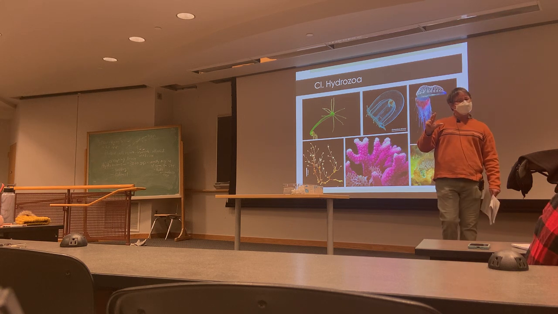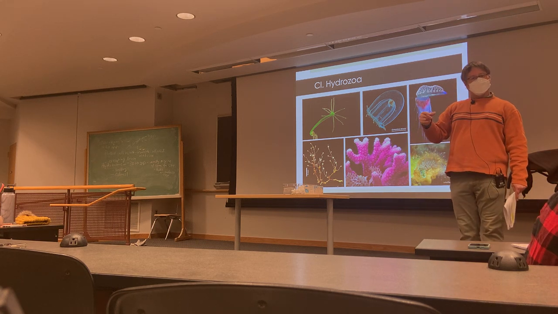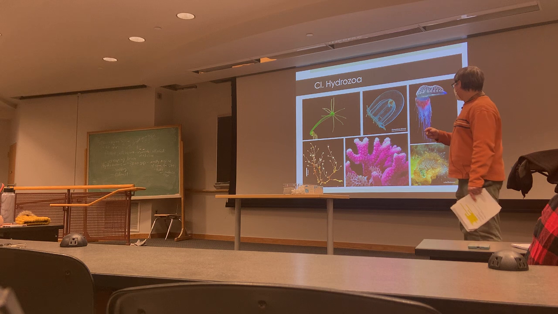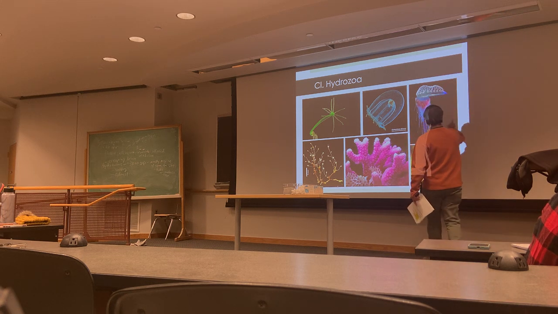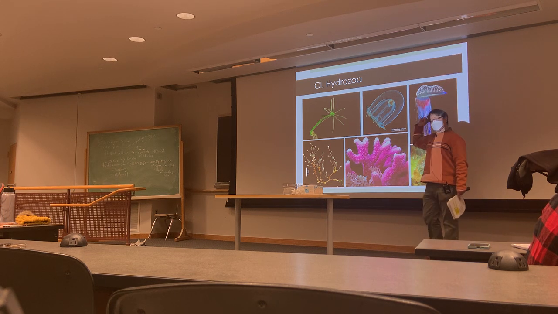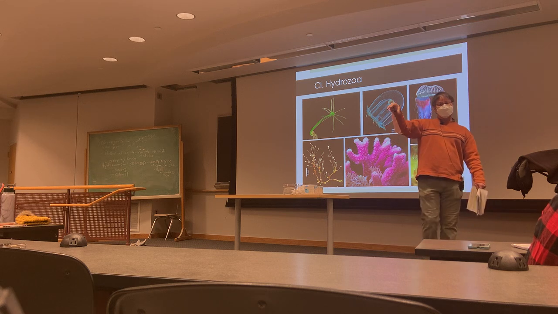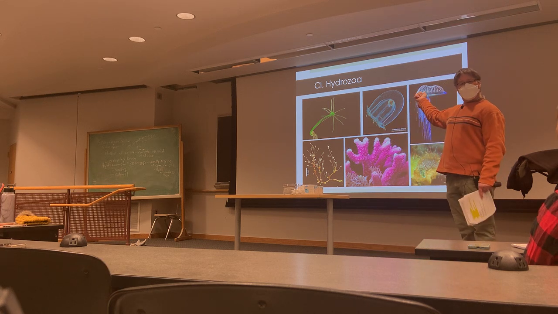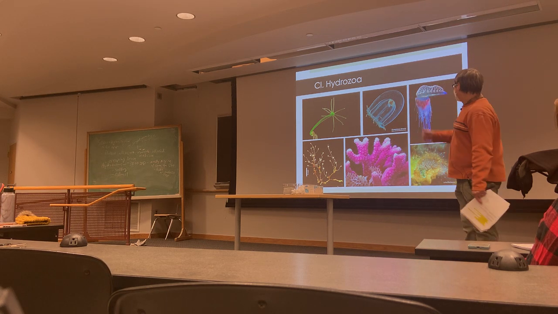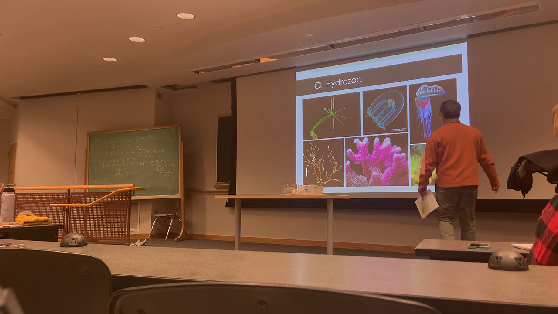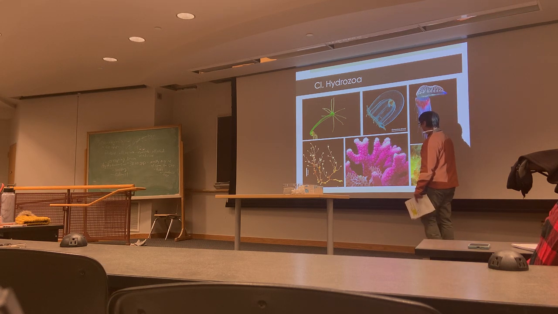It's a weird beast because it's made up of different individuals, polyp and medusoid stages, that form this. This is not a jellyfish. A jellyfish is a single medusa. This is a weird colony of polyps and medusae.